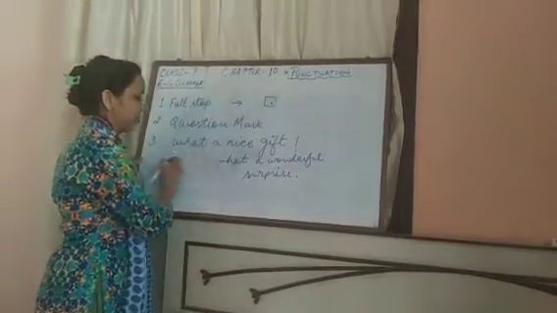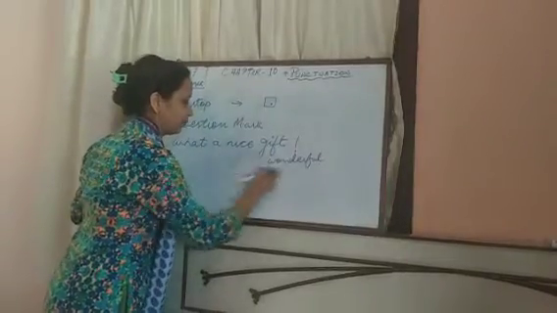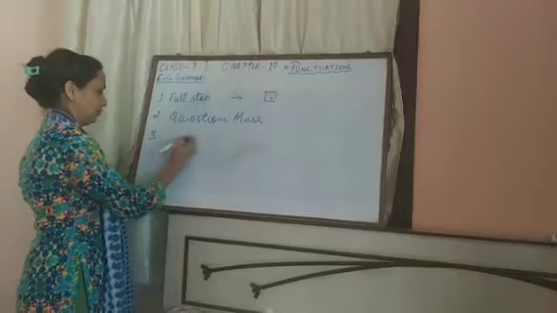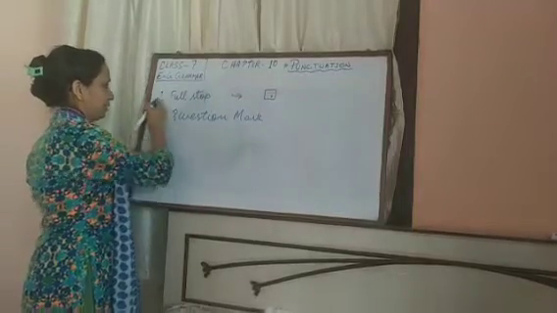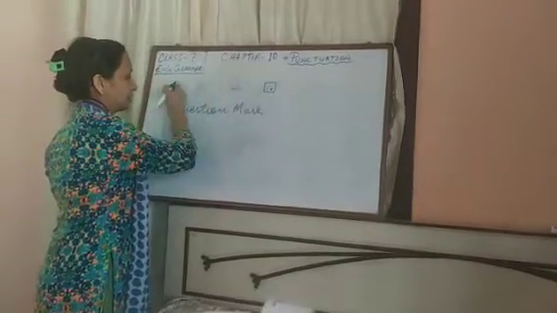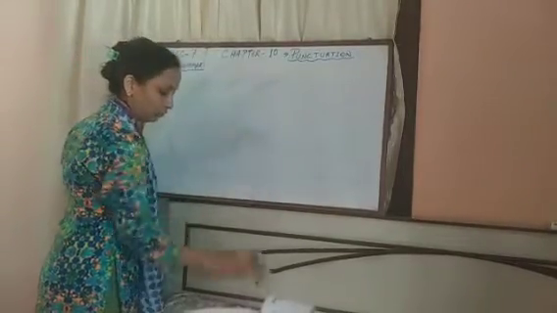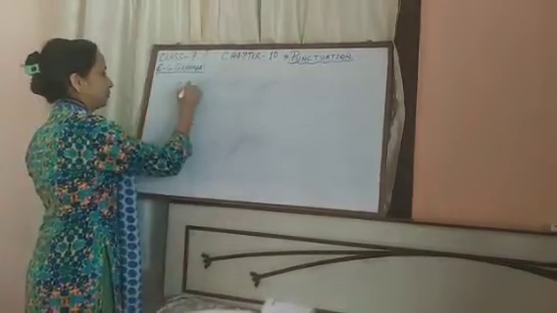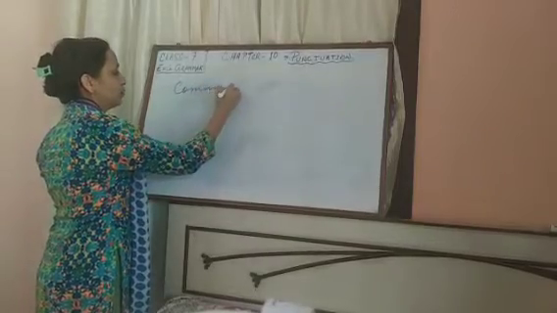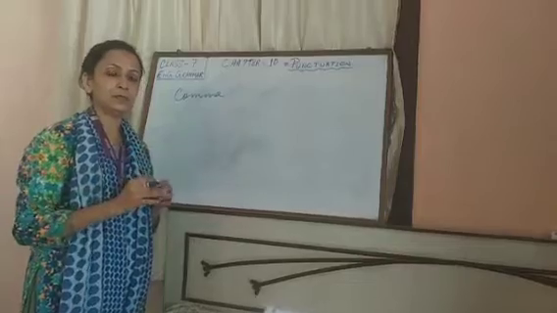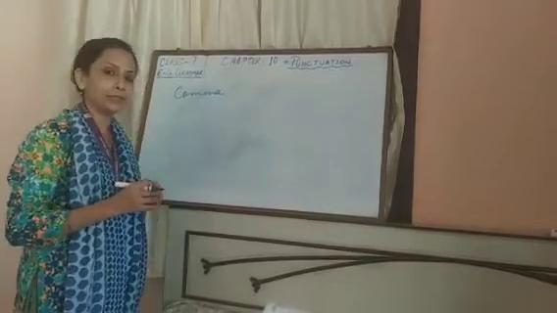Now let us see the next important punctuation mark we have, which is comma. The use of comma, let us see. Comma, as we know, is used for listing different items in a sentence.